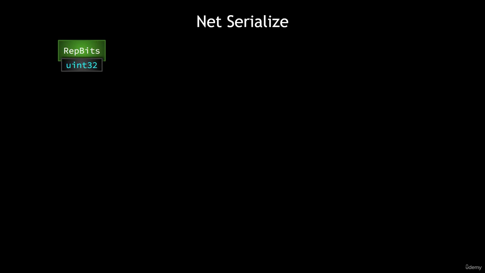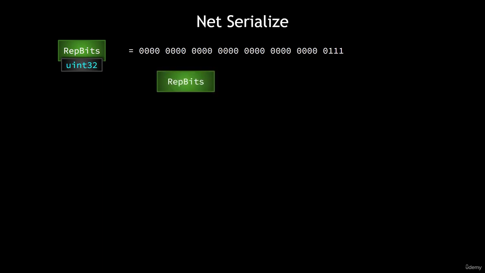Now in this example, let's just say it's a uint32. We know it's a uint8, but it doesn't really matter. Continuing with our example though, let's say that rep bits is this number, right? We've already flipped the first 3 bits. Now, in our if statement, we're checking if rep bits bitwise AND 1 left shift 0. So let's look at this one piece at a time.